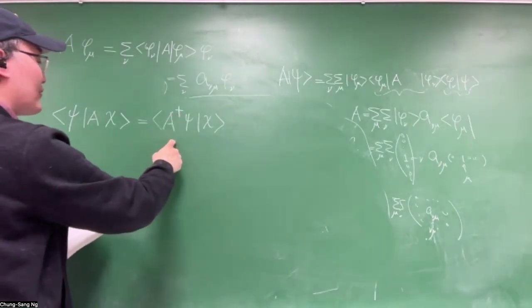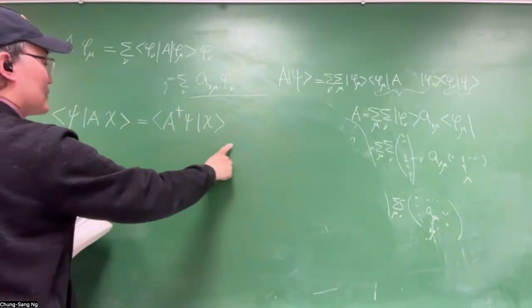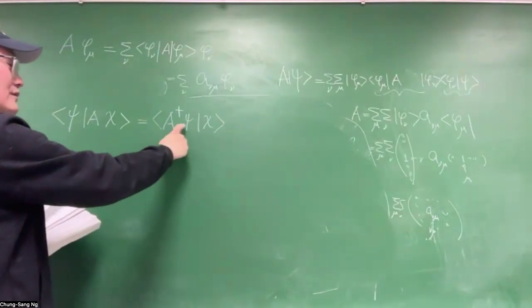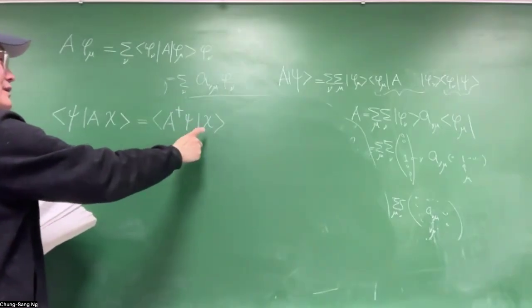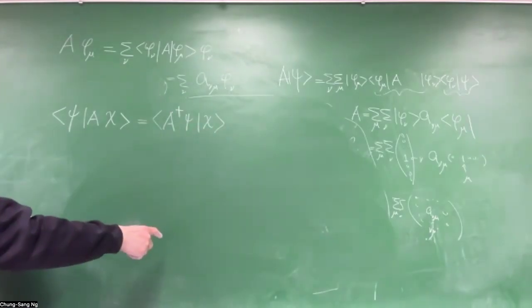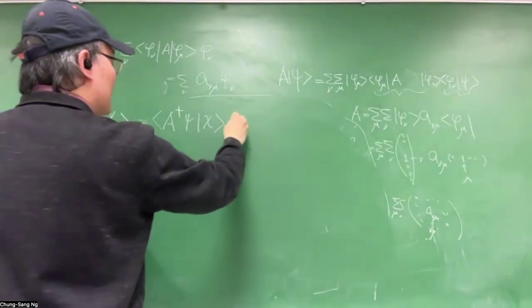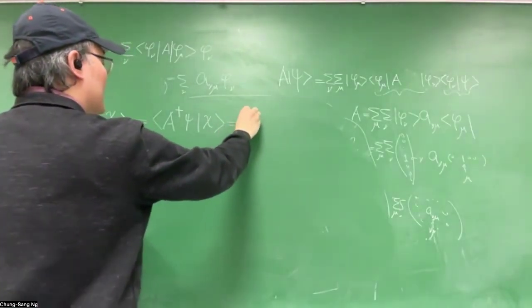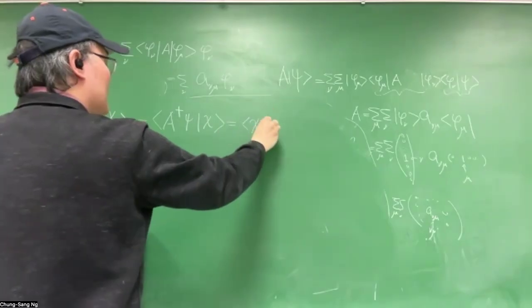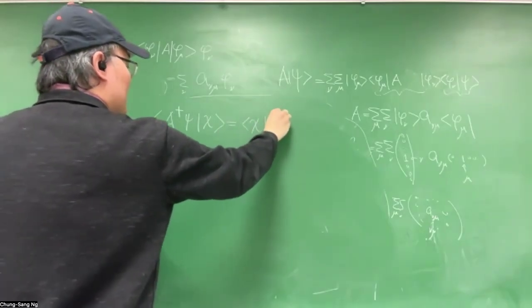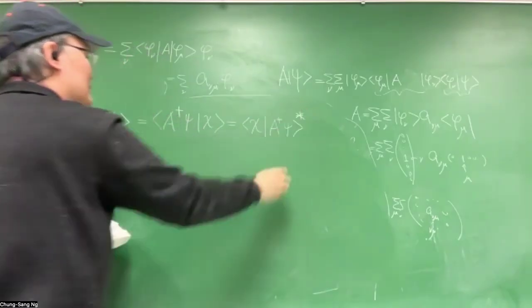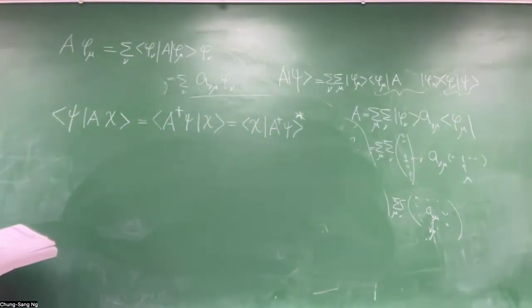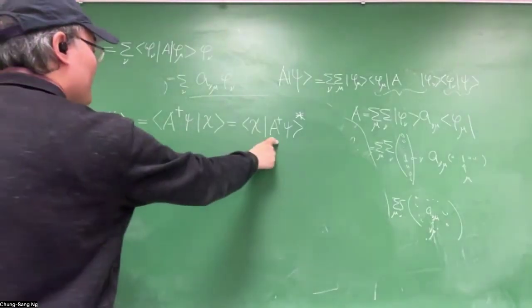And now we use the definition of the scalar product, which says that you can swap these two elements and then just take the complex conjugate. So that is the same as this. This equals that.